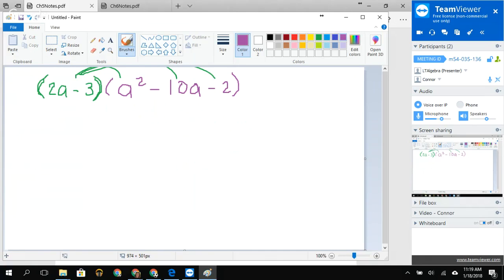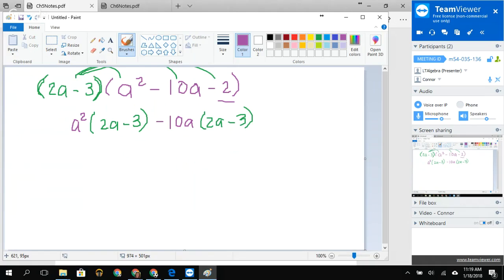So what I mean by that is, for a squared, it's going to be a squared times 2a minus 3. And then I have minus 10a times 2a minus 3.